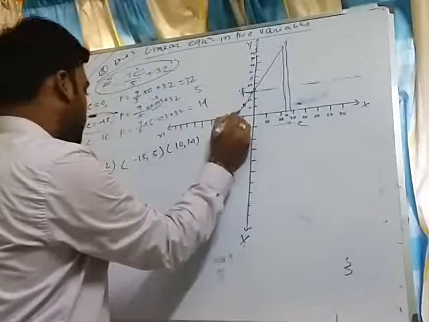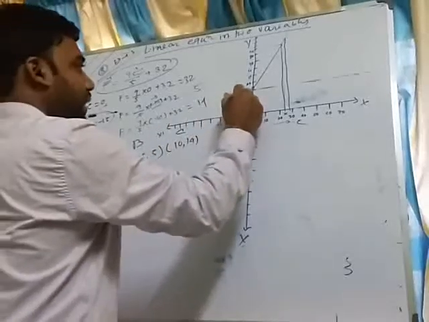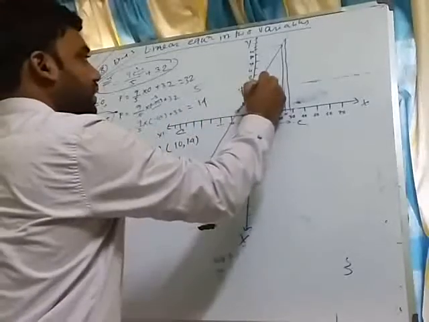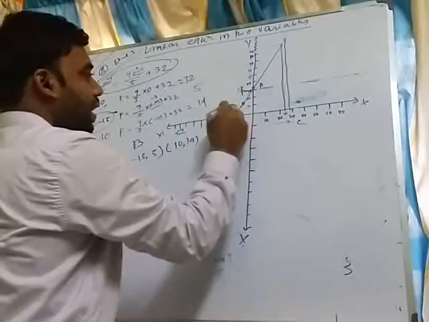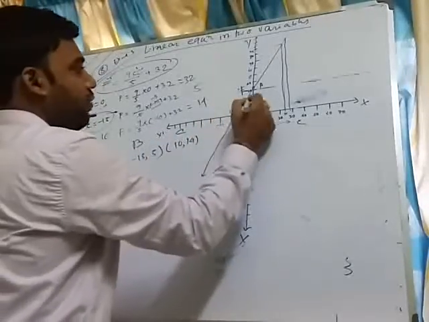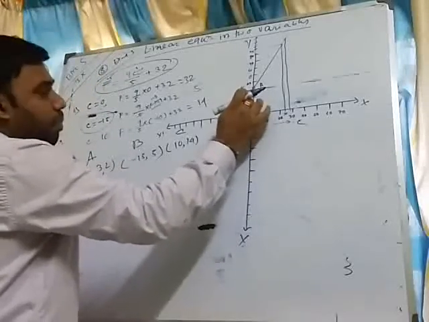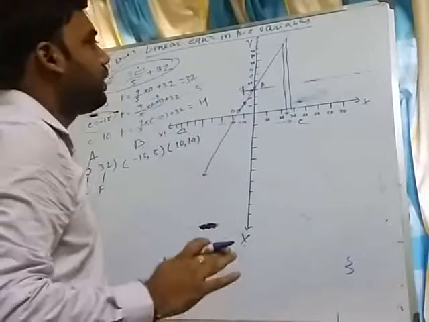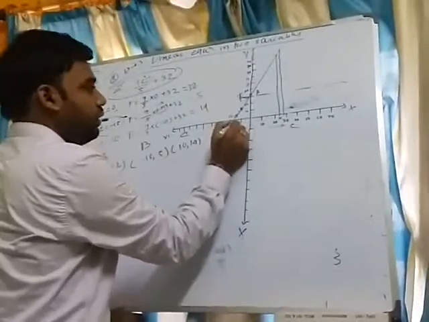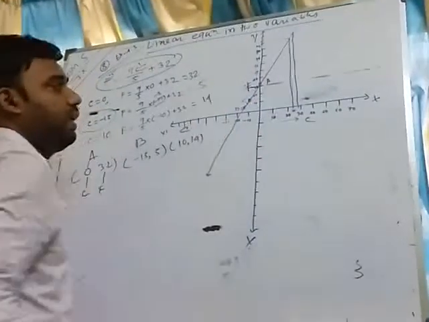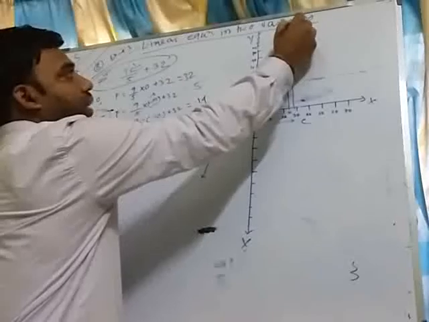I am giving the names A, B and C to these points. The first point, 0, 32, is point A. The second point, minus 15, 5, is point B, and the third point, 10, 50, is point C. Last step, join all the points, that is XY.